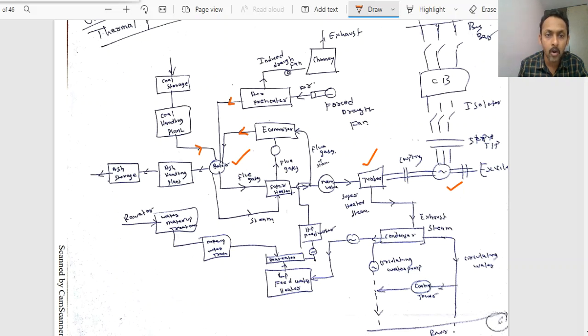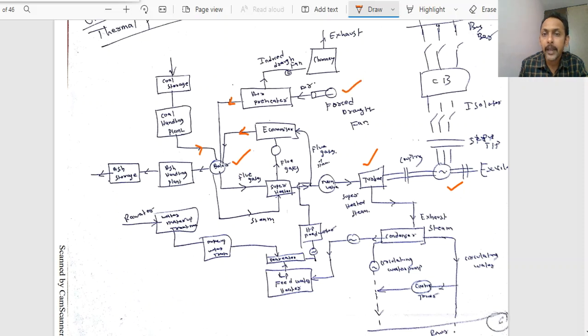For the burning process to take place, it requires some amount of air. That air is extracted from the atmosphere with the help of the forced draught fan, and through the air preheater, the air will be fed to the boiler.